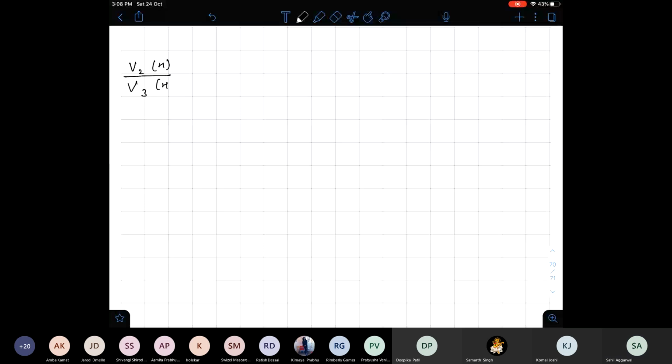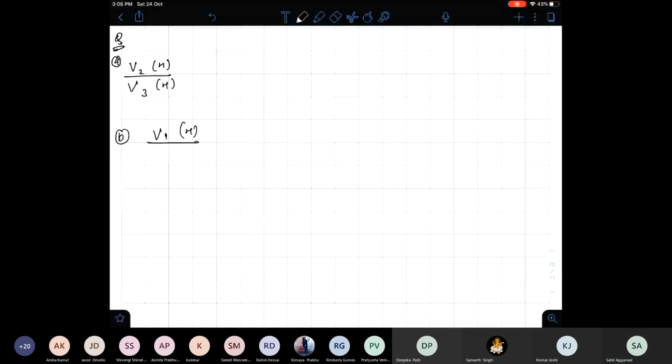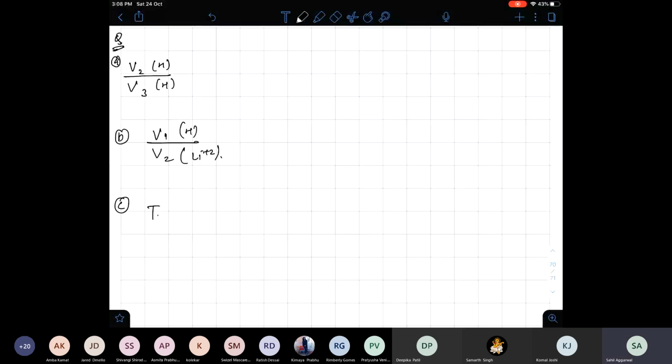First question. B: velocity first of hydrogen divided by second of lithium. Time period first of helium divided by third of helium.